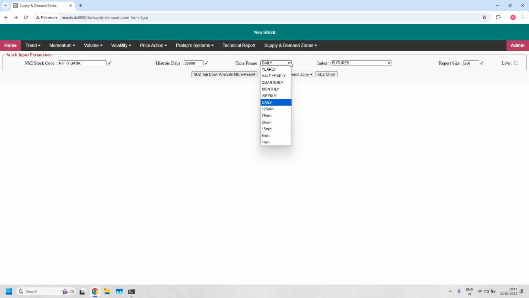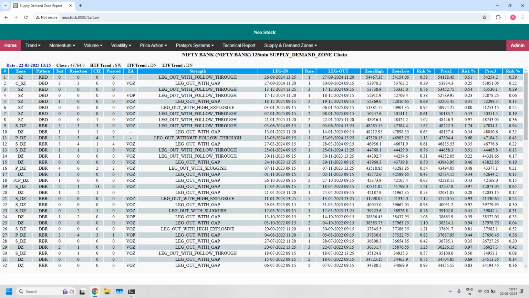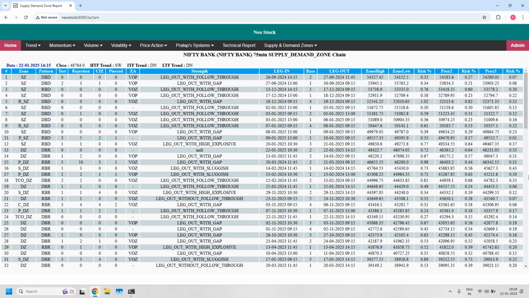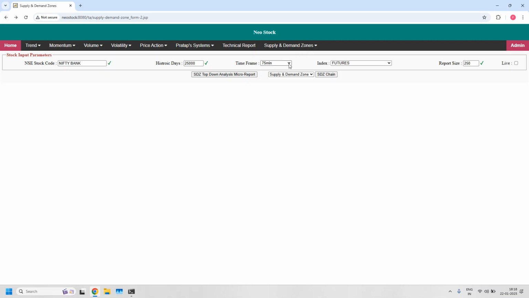Next, 125 minutes supply demand zone chain for Bank Nifty. Next, 75 minutes supply demand zone chain for Bank Nifty. Next, 25 minutes supply demand zone chain for Bank Nifty.